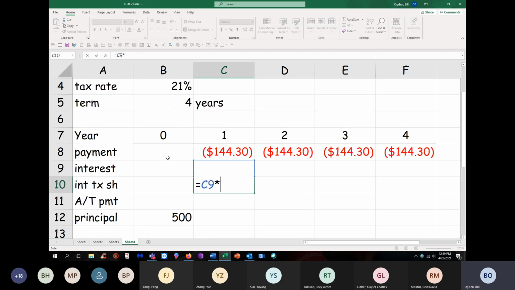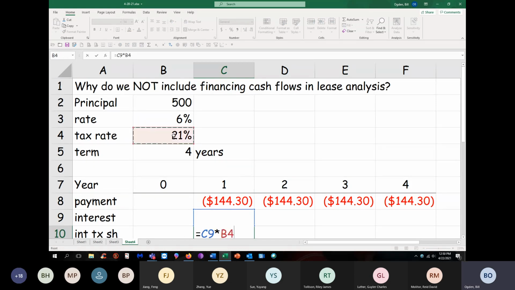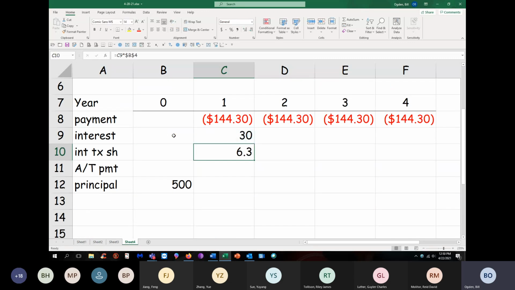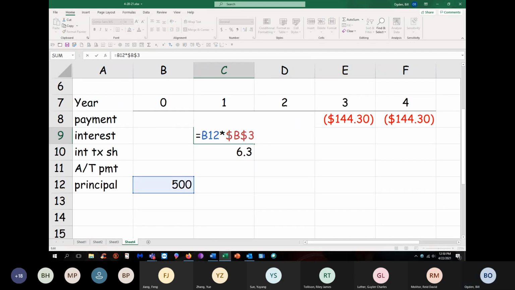What in the world? Let's start again here. Oh, I'm sorry, tax yield. So sorry. Yep, it's the interest times the tax rate, and we'll lock the tax rate, of course. All right. This looks good.